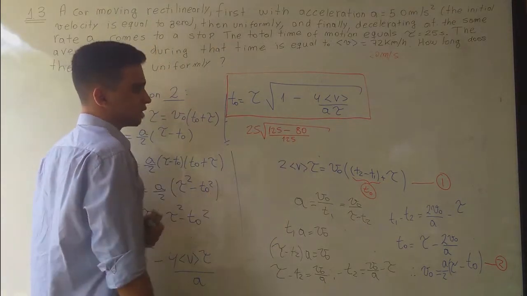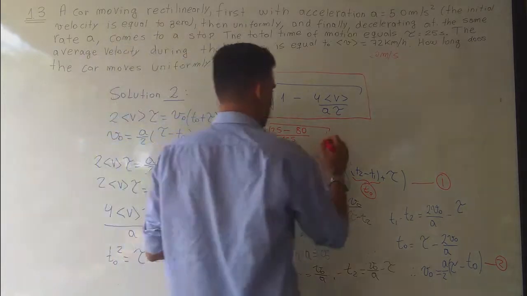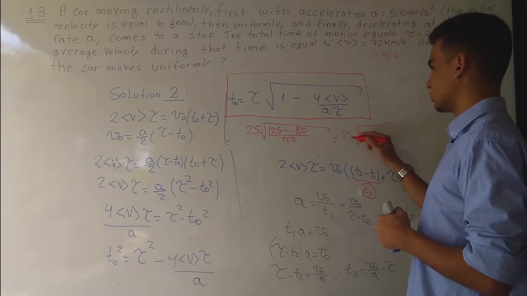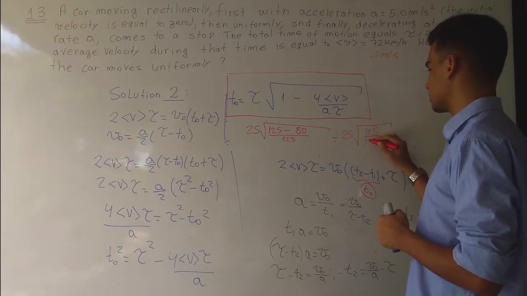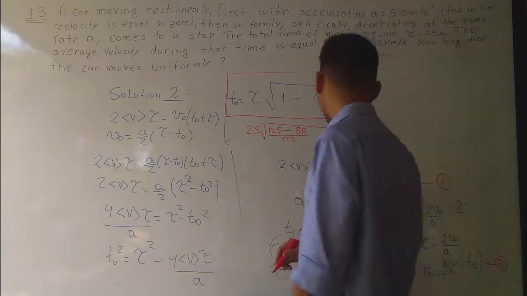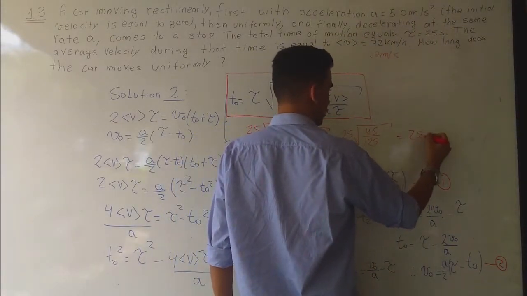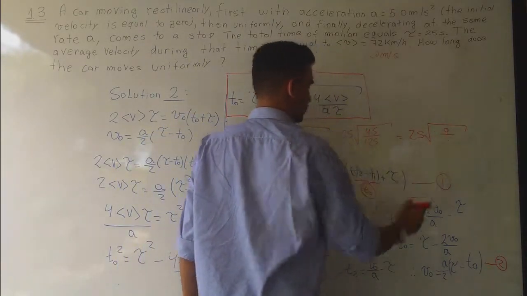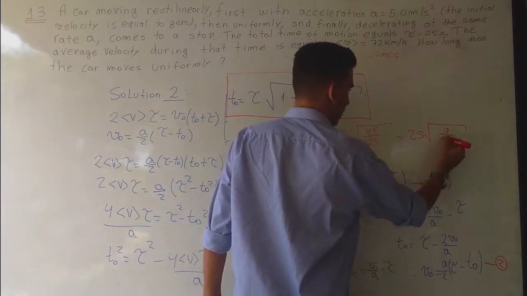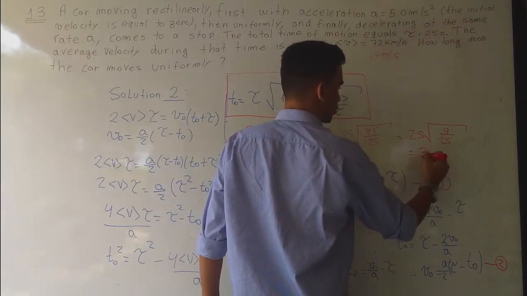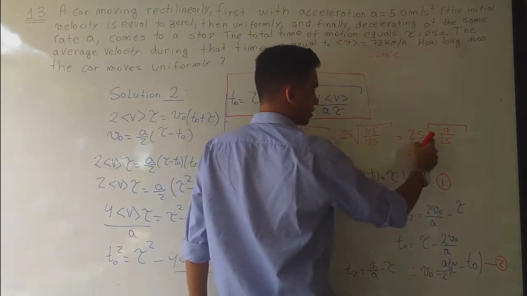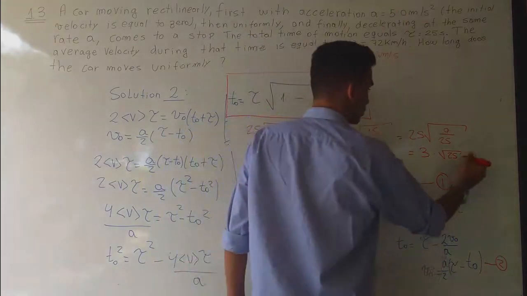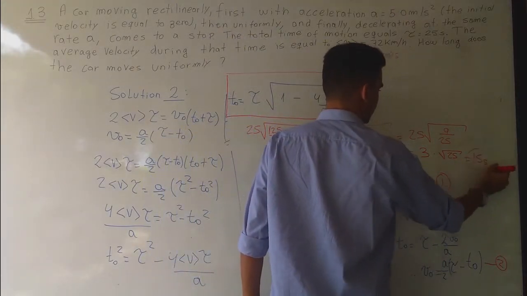This subtraction is 45, so it is equal to 25 square root of 45 divided by 125. That is equal to 25 square root of 9 divided by 25. That is equal to 3 times square root of 25. That is equal to 15 seconds.